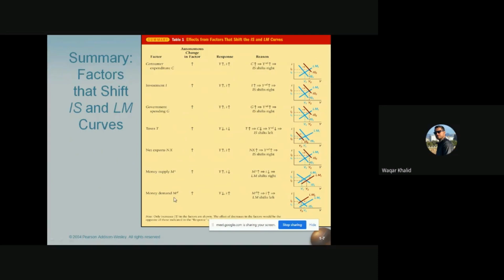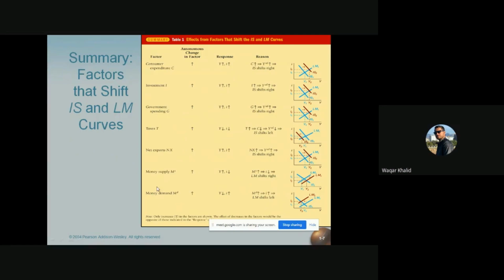Now look at the last two factors, money supply and money demand. These are the two factors that shift the LM curve. If money supply increases, it means Y increases and I decreases. So the LM curve will shift to the right side.